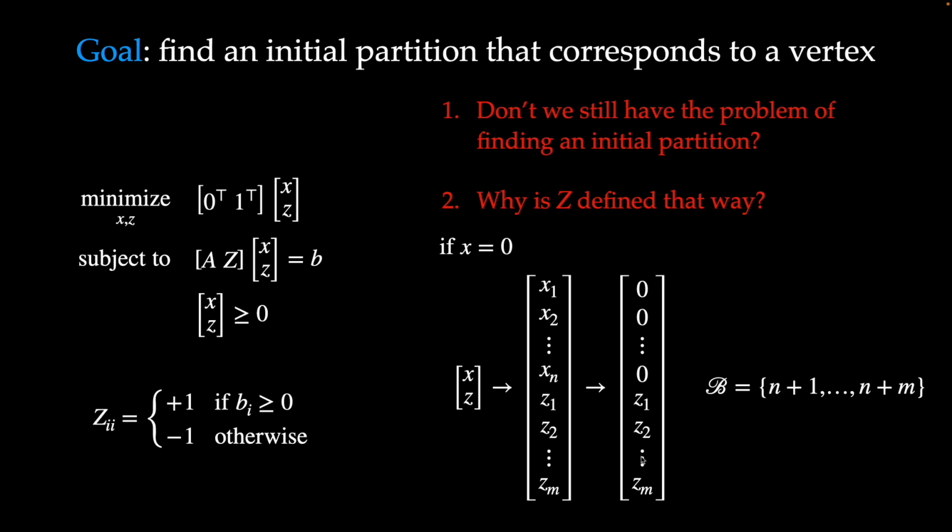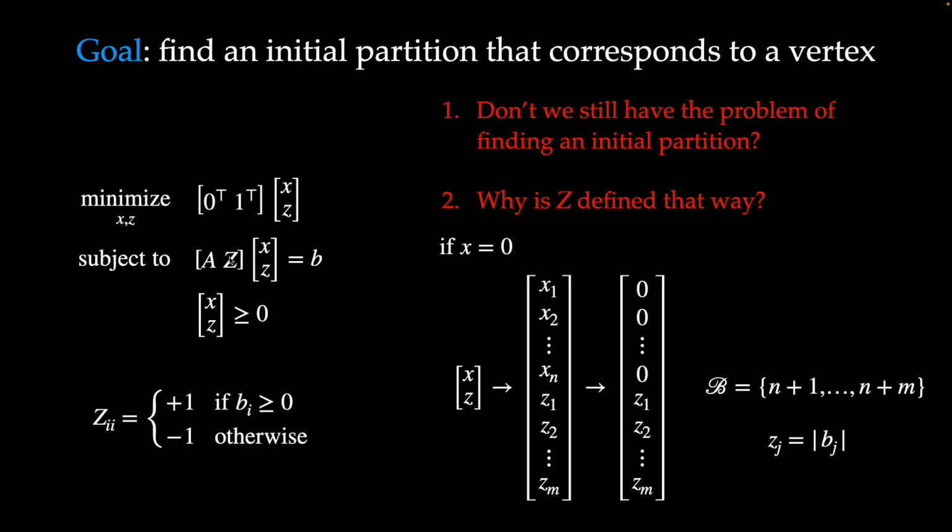Okay, so the partition here would be the indices n plus 1, corresponding to the first z, up to n plus m, which is the last z here. We would also initialize z_j equal to the absolute value of b_j. Why is this a valid partition? Well, notice it satisfies our constraints. Okay, so we have Ax, which is just 0.